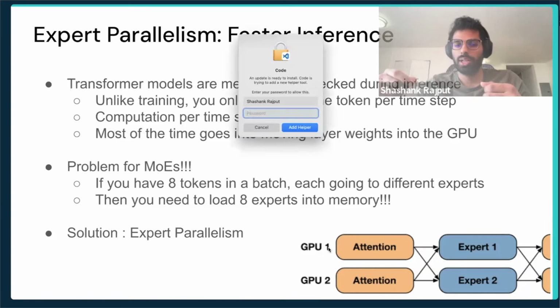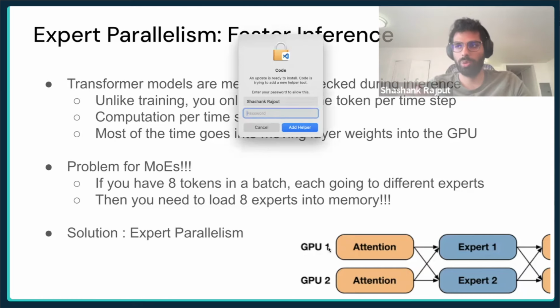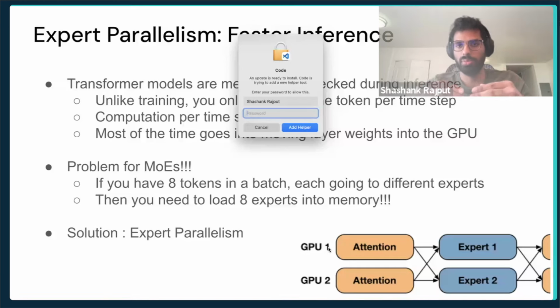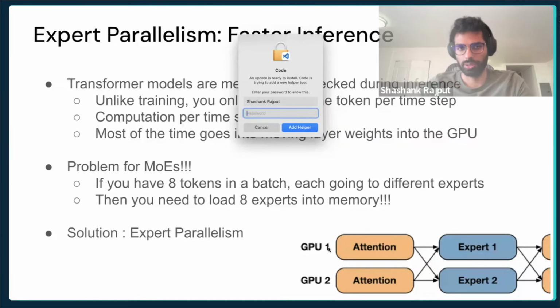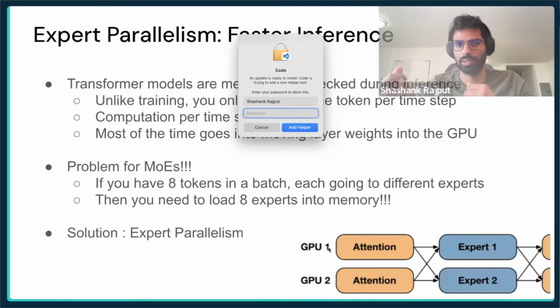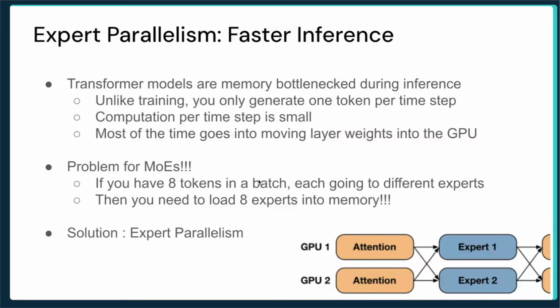The benefit is that it would be a much better quality model. An MOE model with 50 billion active parameters will certainly be better quality than a dense model with 50 billion parameters, whereas you are only slightly slower than the dense model. Oh, I see. Okay. Yeah, thanks for your opinion.